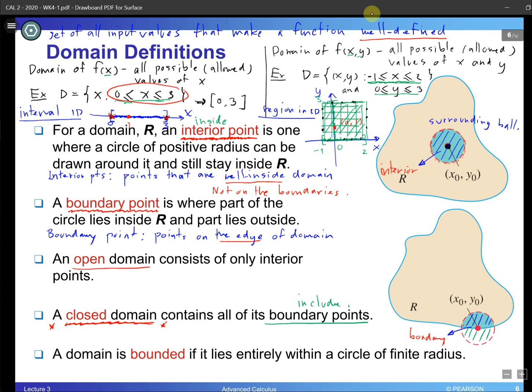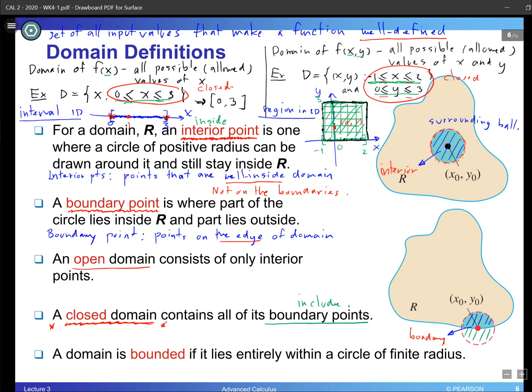So what you see right here is a closed domain. Same thing here with the 2D, we include the boundaries like at -1 and 2 and 0 and 3. So we include all these boundary points. So what you see right here is a closed domain. This one is also closed.